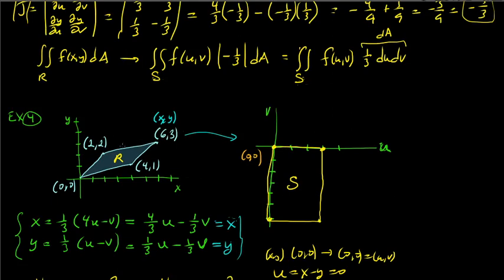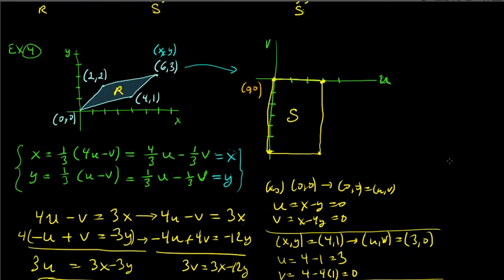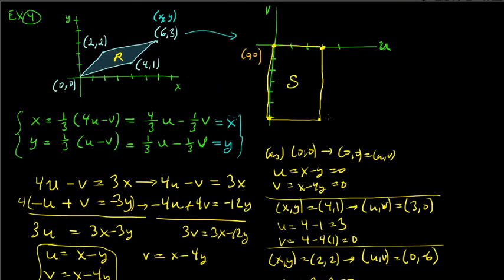So the region R in X and Y coordinates is comparable or similar to the region S in U and V coordinates, right? All we did was transform all these points in here. So I have some generic point here, X and Y. When I do the transformation, I get some point in here, U and V, right?